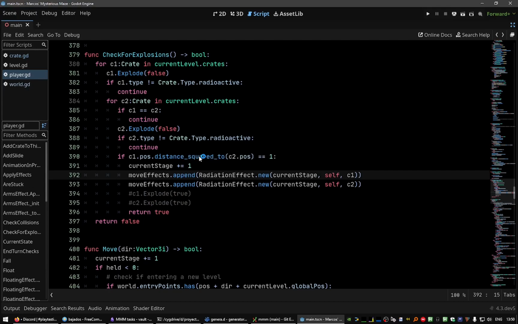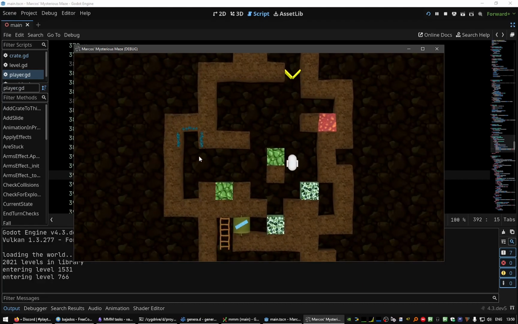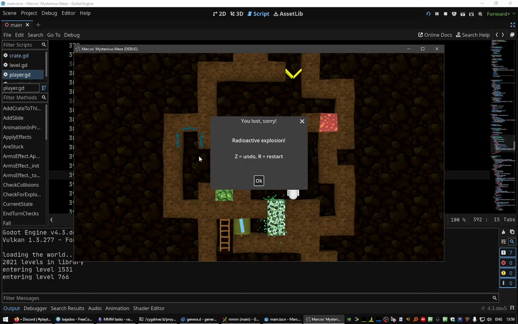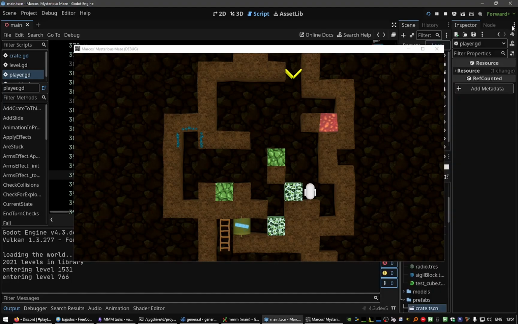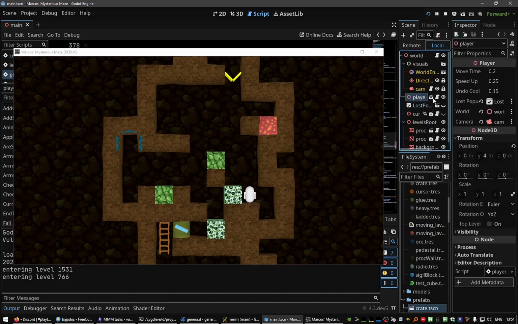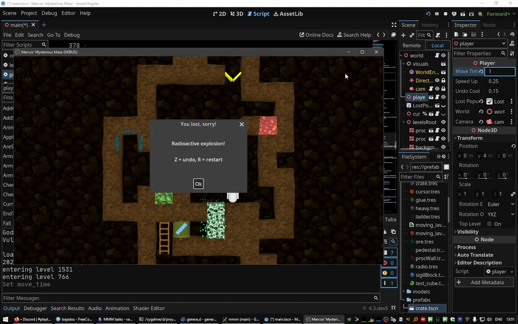And let's see if it works. Let's search. Okay, seems to work. Let's do the movement more slowly. Only to check. Yeah, it works.